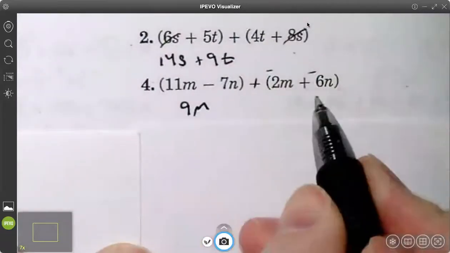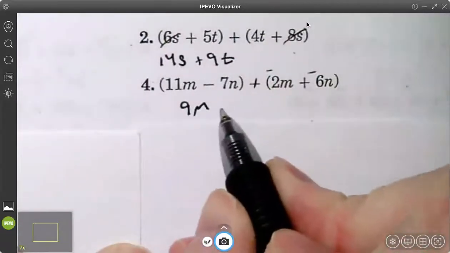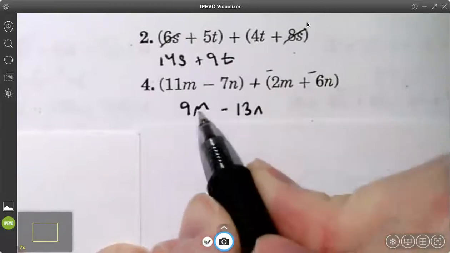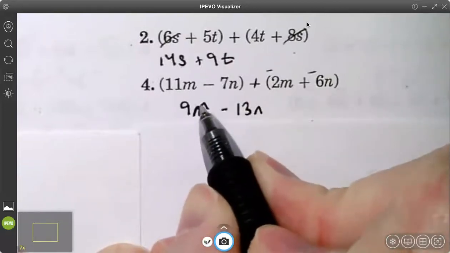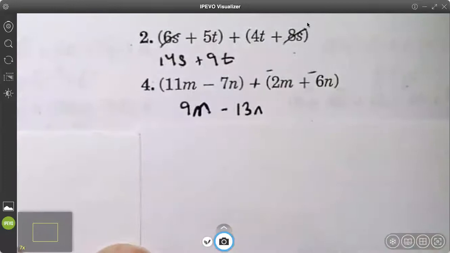And negative 7 plus negative 6 is negative 13n. So 9m, negative 13n. 2 terms, binomial, degree of 1, leading coefficient of 9.